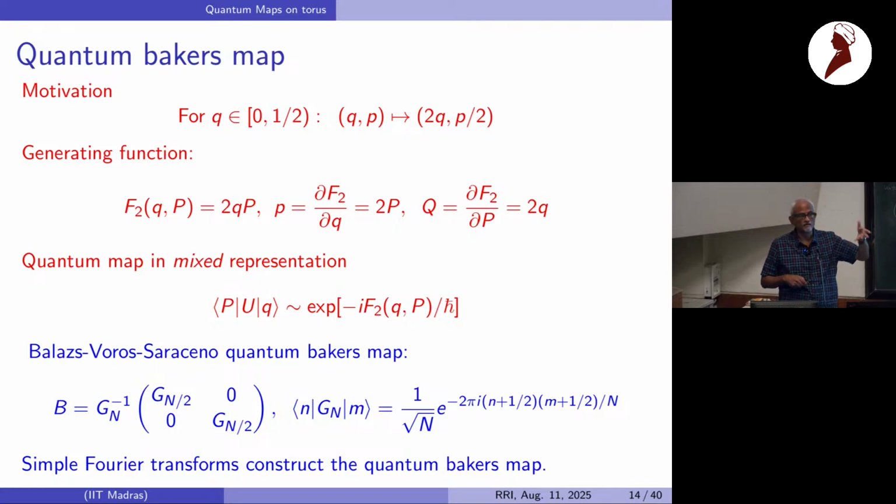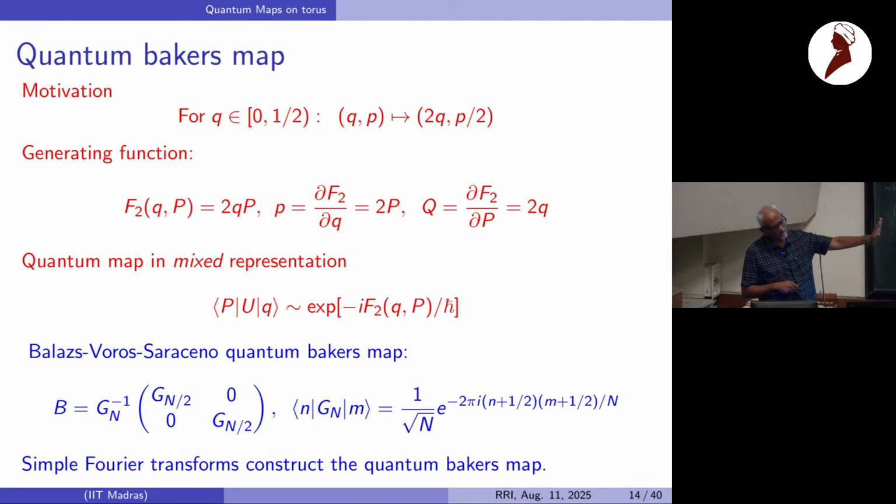In fact, Q times capital Q, sorry, q times P generates for you identity.